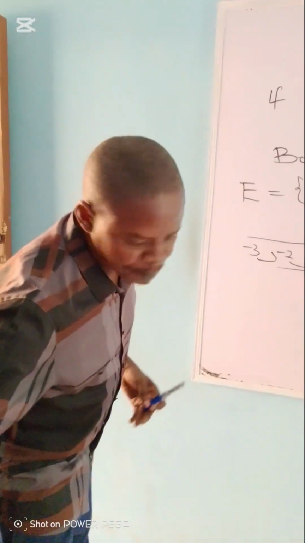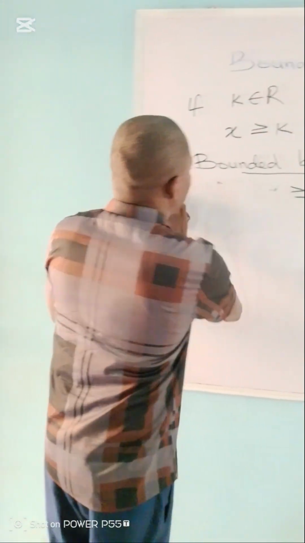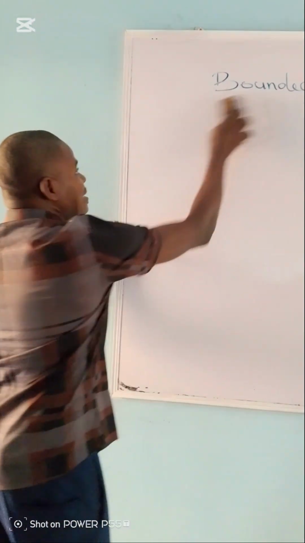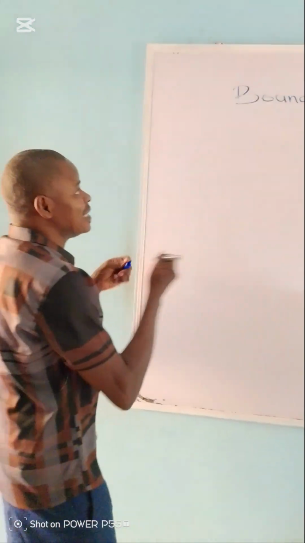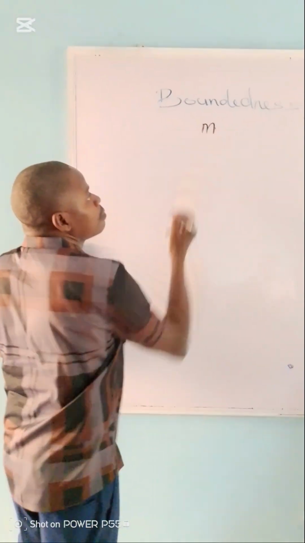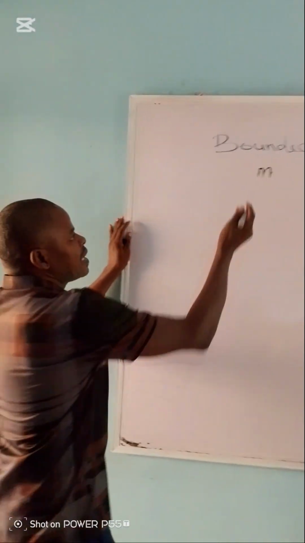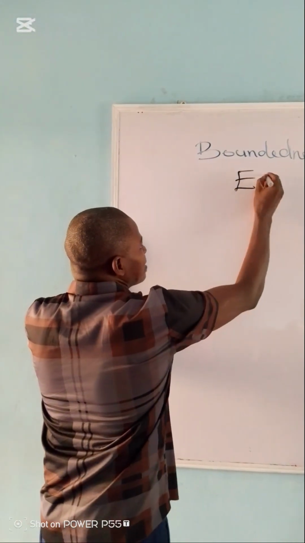But to make it easier, we can say that a set is said to be bounded if there exists a particular M. Let's say E is a set.